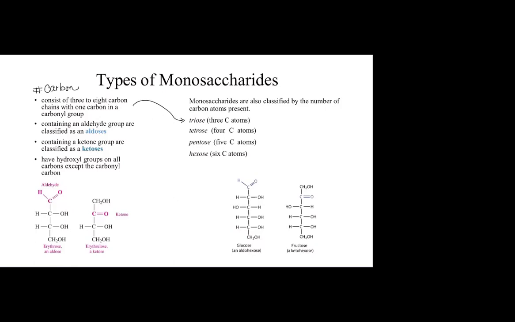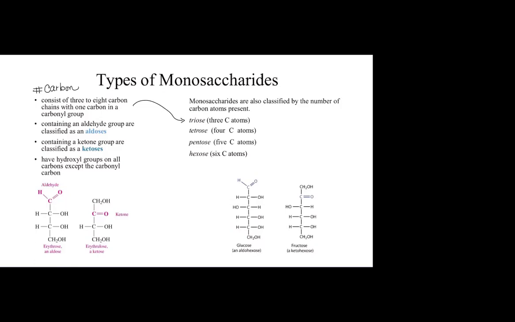If our monosaccharide has 3 carbons, it's called a triose. If it has 4 carbons, it's a tetrose. 5 carbon atoms, pentose. 6 carbon atoms, hexose. The 7 and 8 carbon atoms also have Greek prefixes.